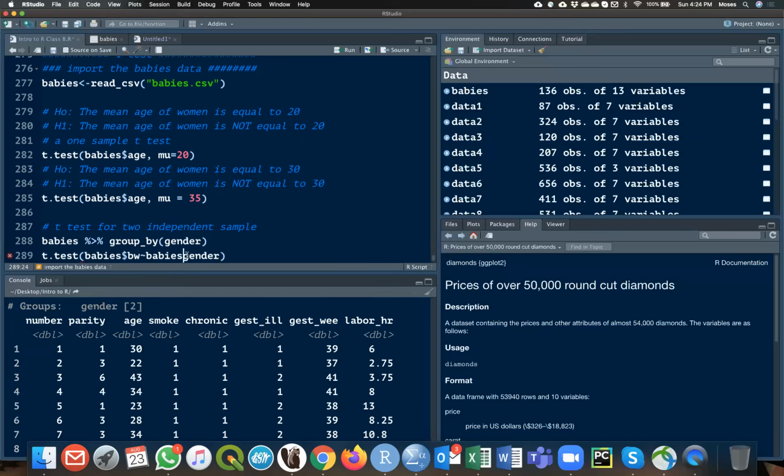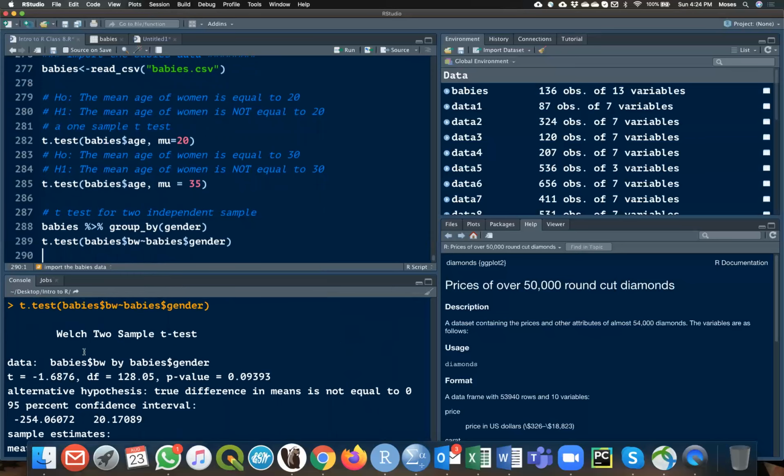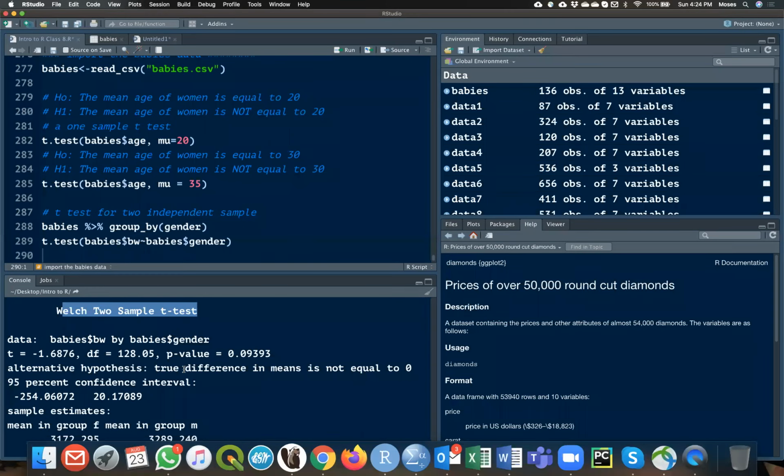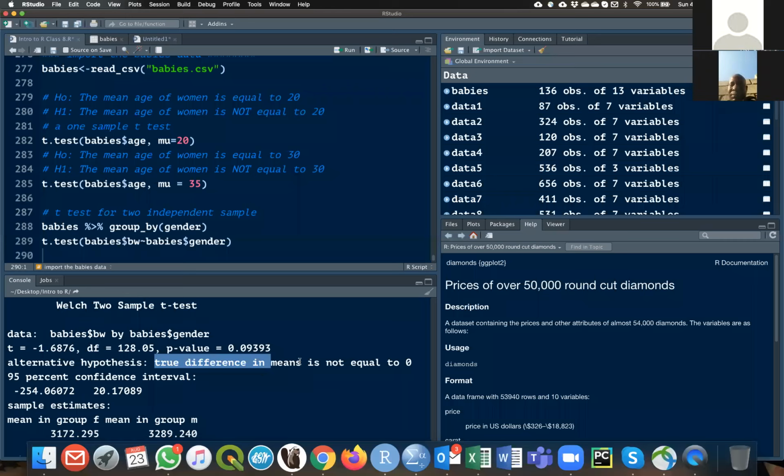If you do that, it gives you here a two sample t-test. Two sample t-test in this context is the independent one. And you see, it says the true difference in means is not equal to 0. And then what value do we get here?